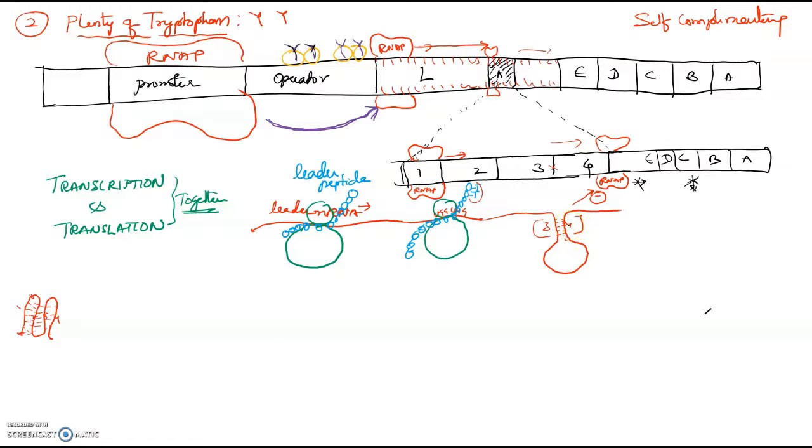All right, one more thing you should understand here: because these codons were there, this ribosome has gone further here and synthesized the protein, and 2 tryptophans have come here.